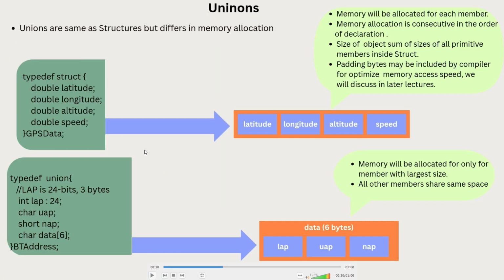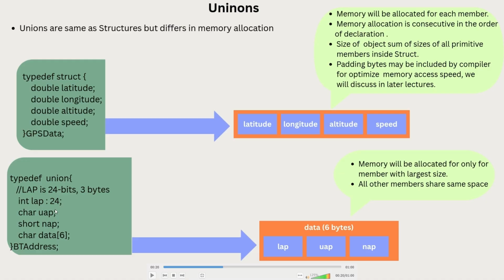So unions are also the same, the only difference is memory allocation. If you see the GPS data, you have defined all the members of this GPS data. So for structure, based on the number of members inside, the total size of all members inside, that much memory will be allocated.